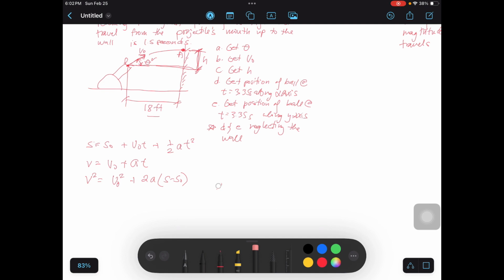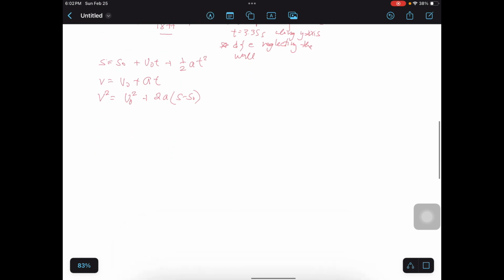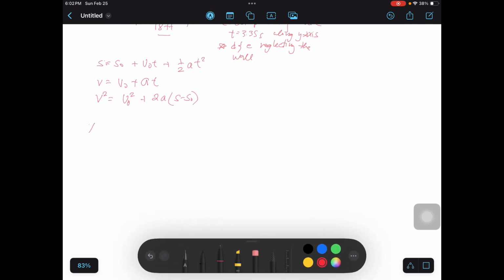So, which sa tatlong equation ang pwede natin gamitin for x-axis? Let's evaluate first the x-axis. Anong conditions kapag sa projectile motion along x-axis? Along the x-axis, wala tayong acceleration.